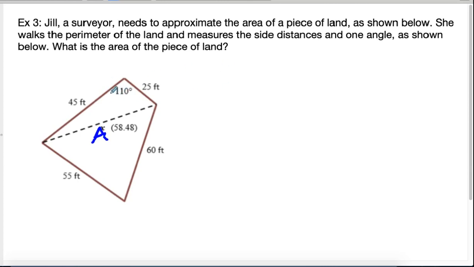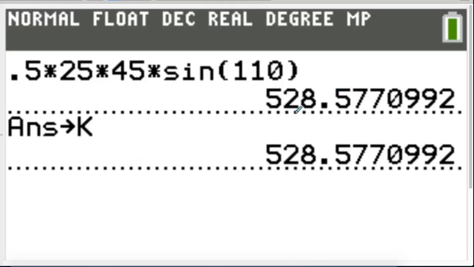If we call this area K1, this area is going to be 1/2 times 25 times 45 times the sine of 110. And if we put that into the calculator, I think we get about 528.577.